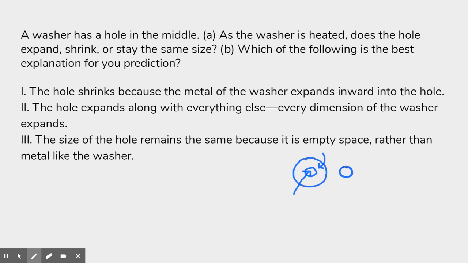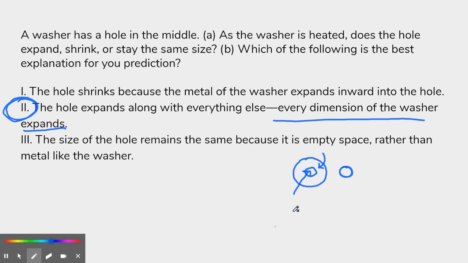So with that being said, the only possible answer here is 2. Every dimension of this washer is going to expand. Okay, so that was it for this one. And again, this is for a flat object.